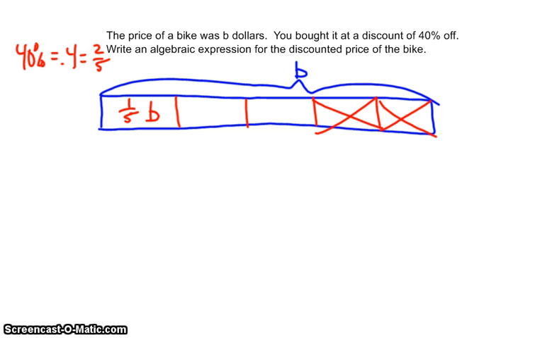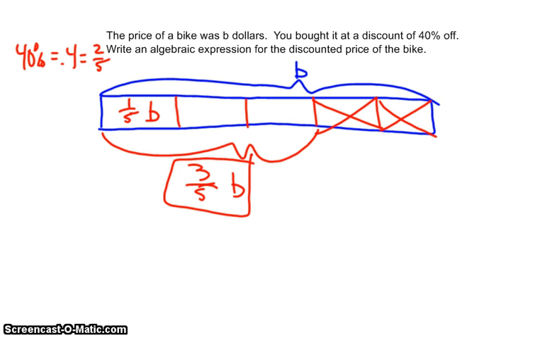That is a great deal. I got to get rid of 2 of those 5 chunks for my price. When I look at what is left, I have 3/5 B. So the price of the bike that I had to pay was 3/5 B, or 3/5 of B being the full price of the bike. I could also have written 0.6 B.